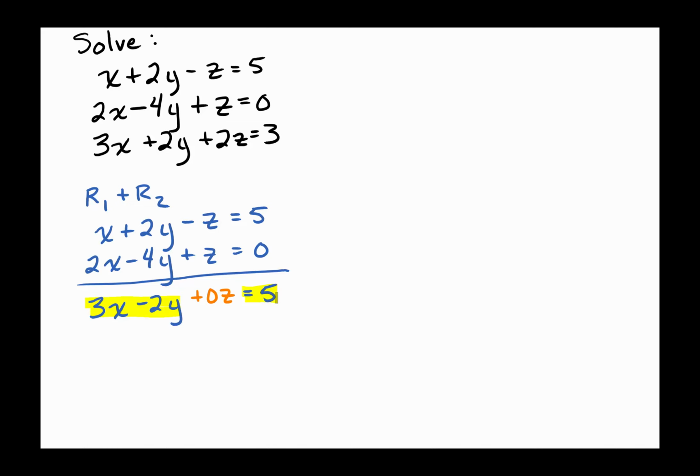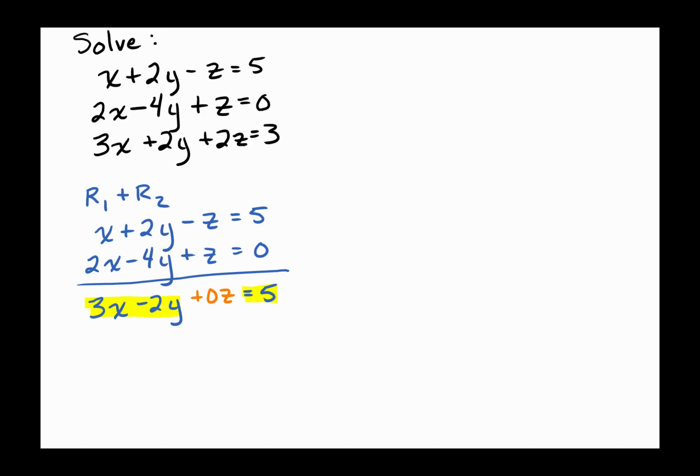Now we want to do a second elimination. The second elimination we don't have quite the freedom that we did with the first elimination. We remember with the first elimination we could choose any two equations and eliminate any variable. With the second elimination, we have to use the equation we haven't already used.